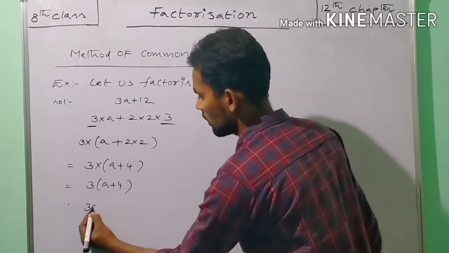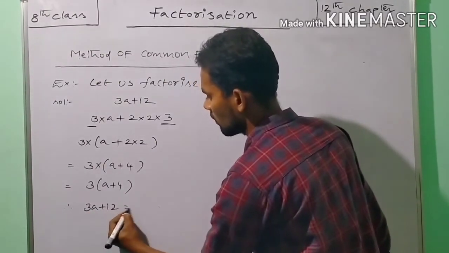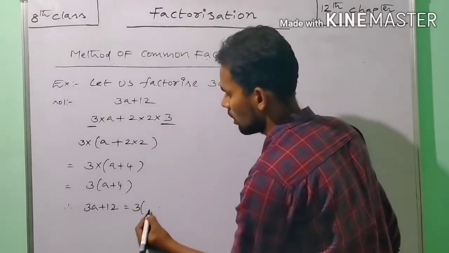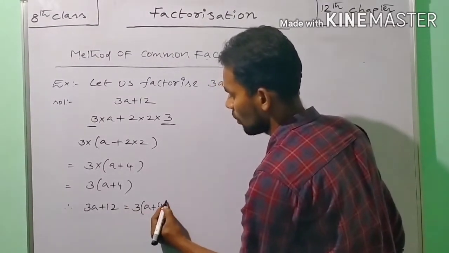Therefore, 3a plus 12 equals 3 of (a plus 4).